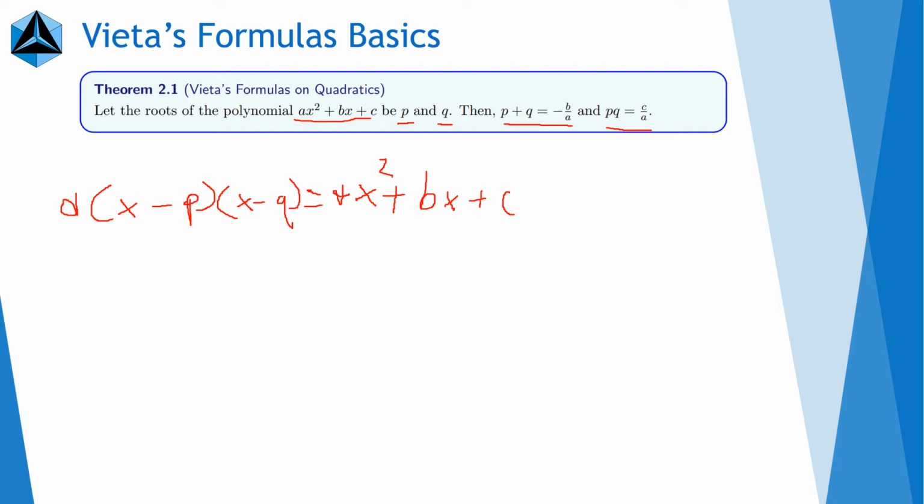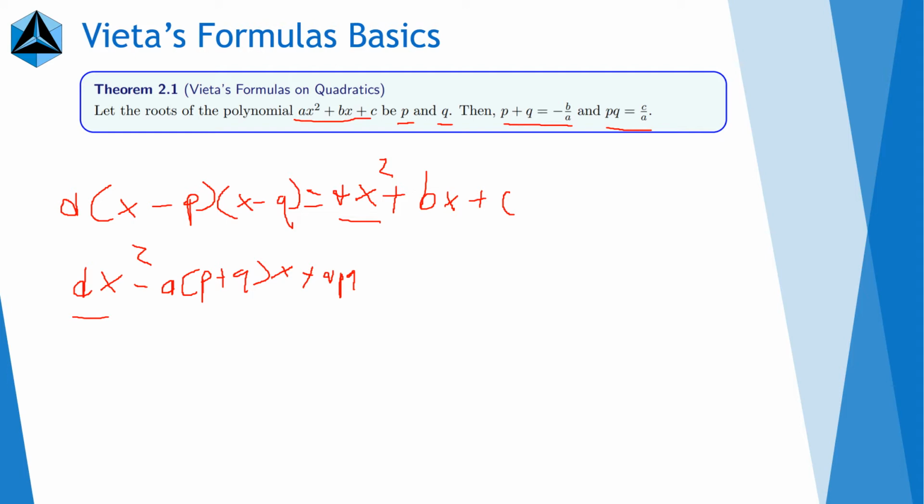However, if we expand this out, we get ax squared minus a(p plus q)x plus a times pq. If we match coefficients, we know that ax squared has to equal ax squared, which is obvious.